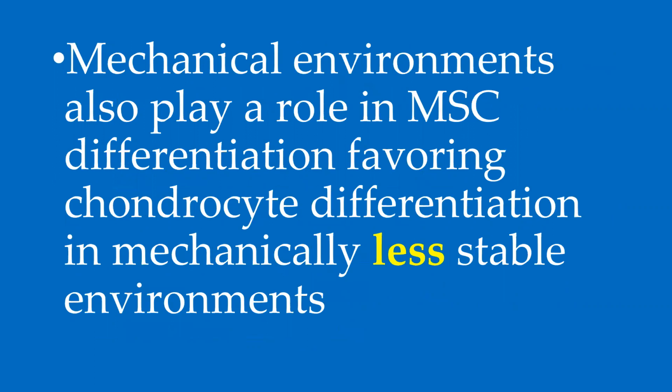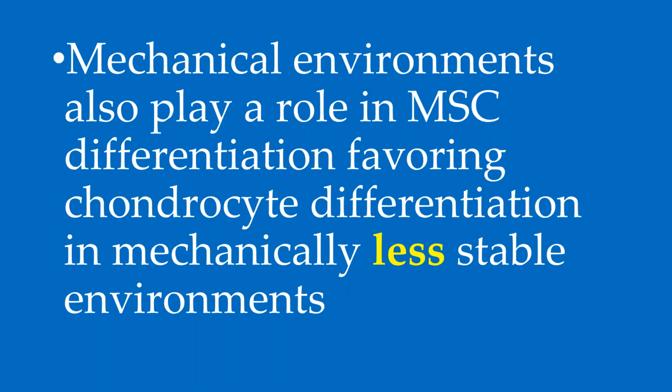Mechanical environments, as I've repeatedly said, also play a role in mesenchymal cell differentiation. So if we want to make bone, it will change more to osteoblasts. If we want destruction or to remove bone, it will have more osteoclasts with pseudopods acting on bone to resorb bone. So the mesenchymal stem cells are the source.